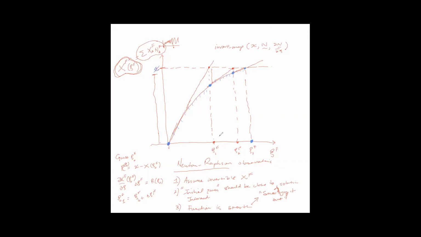That is the inverse map. We have this map, but we want to go this way, which says, give me an x and I'll give you the corresponding x_c. So I give you an x, then you iterate until you converge on x_c.